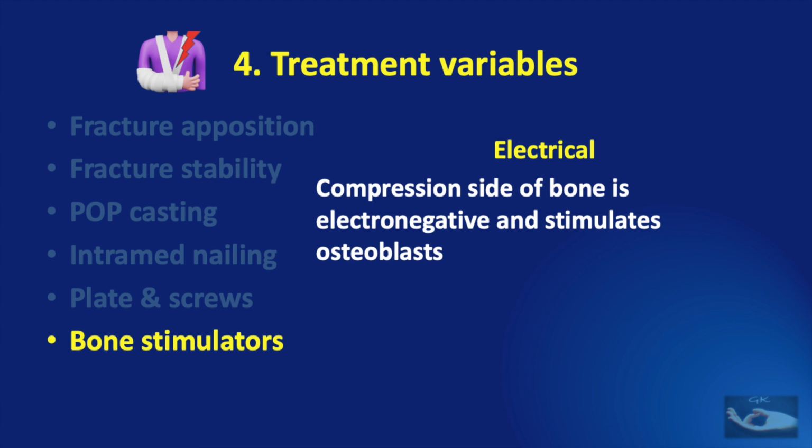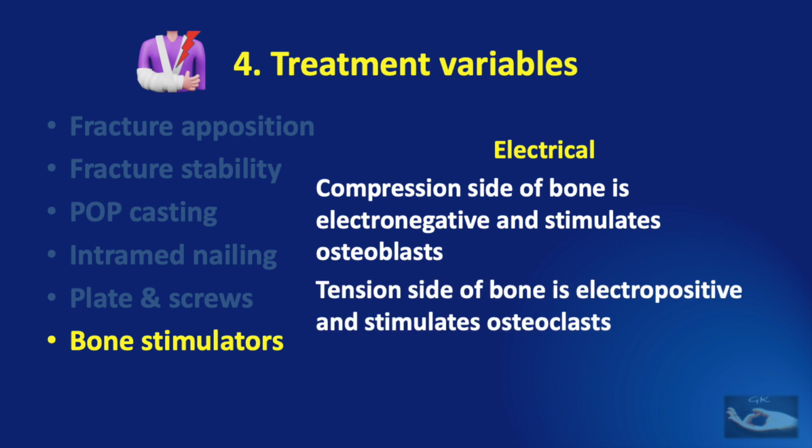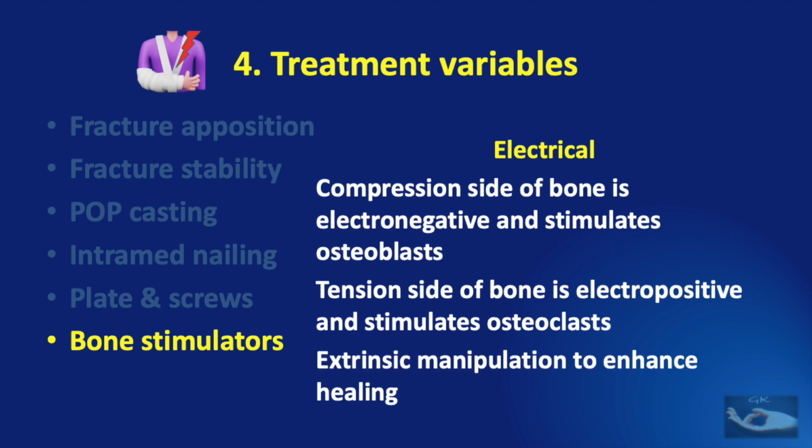That is, the compression side of the bone, the concave side, is electronegative, and this stimulates osteoblasts, while the tension side of the bone, the convex side, is electropositive and stimulates osteoclasts. To enhance this effect, extrinsic manipulation in the form of electrical stimulation can be done.